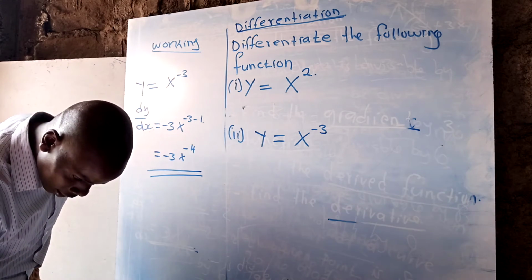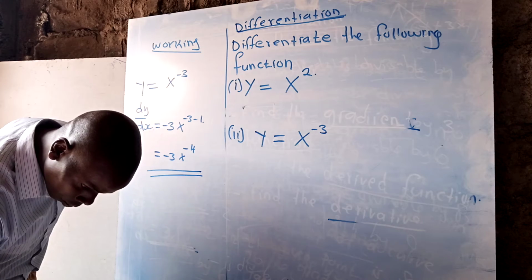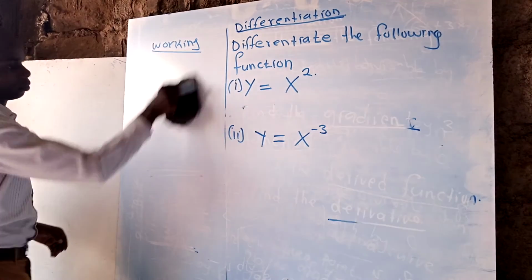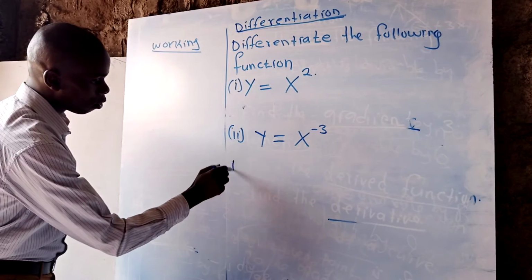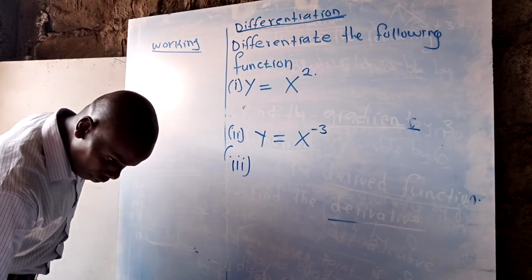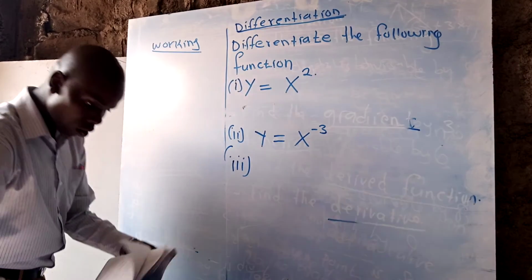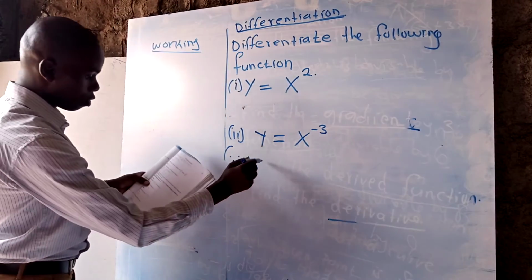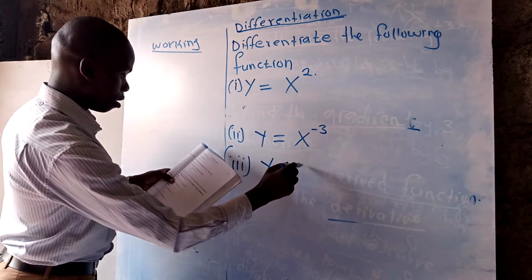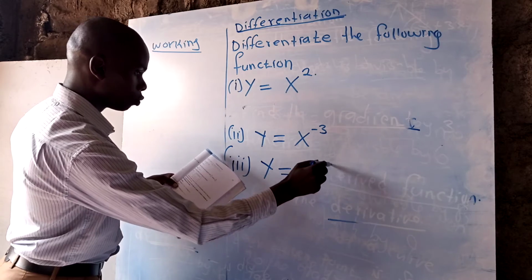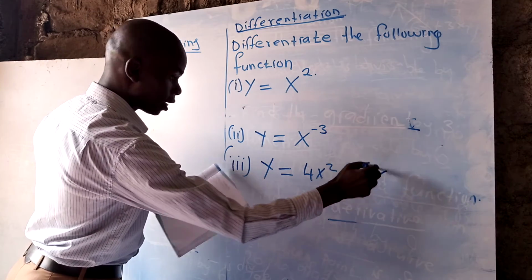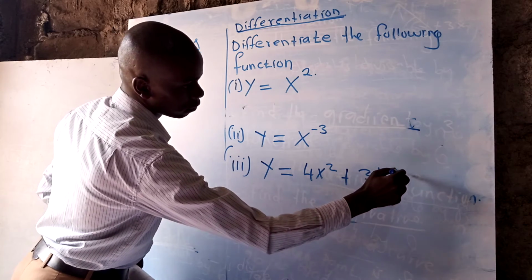I want to give another example. Let us have Question 3. The question is y is equal to 4x squared plus 3x plus 12.